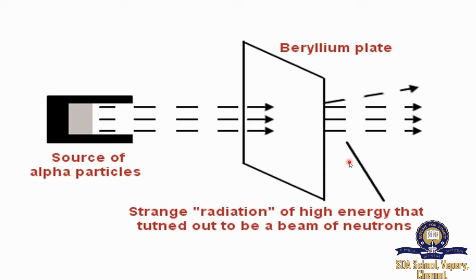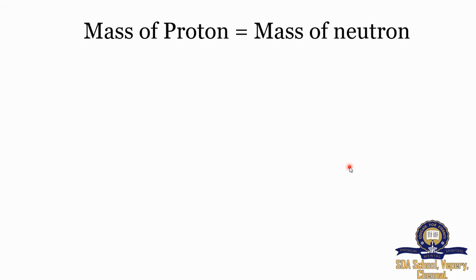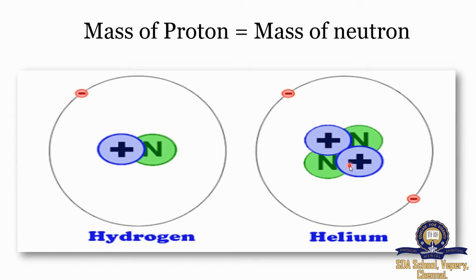Later, by further experiments, it was shown that the mass of a proton is equal to the mass of a neutron. Thus, the helium nucleus is 4 times the mass of the hydrogen nucleus. Therefore, the helium nucleus has 2 extra neutrons. These neutrons make the mass of the helium nucleus 4 times the mass of hydrogen.